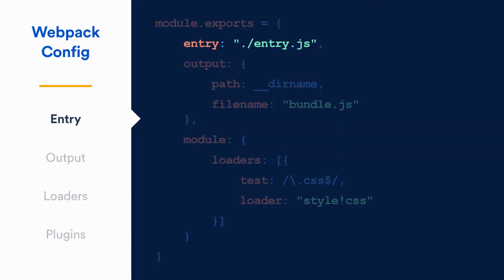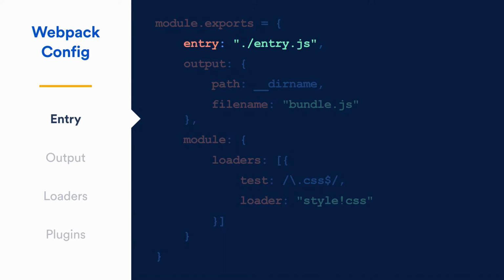Okay, so the Webpack configuration is the main file that Webpack requires for it to work. The way Webpack works, it creates a graph of dependencies of your application, and it needs to know where to start. The starting point is the entry property in this configuration file.